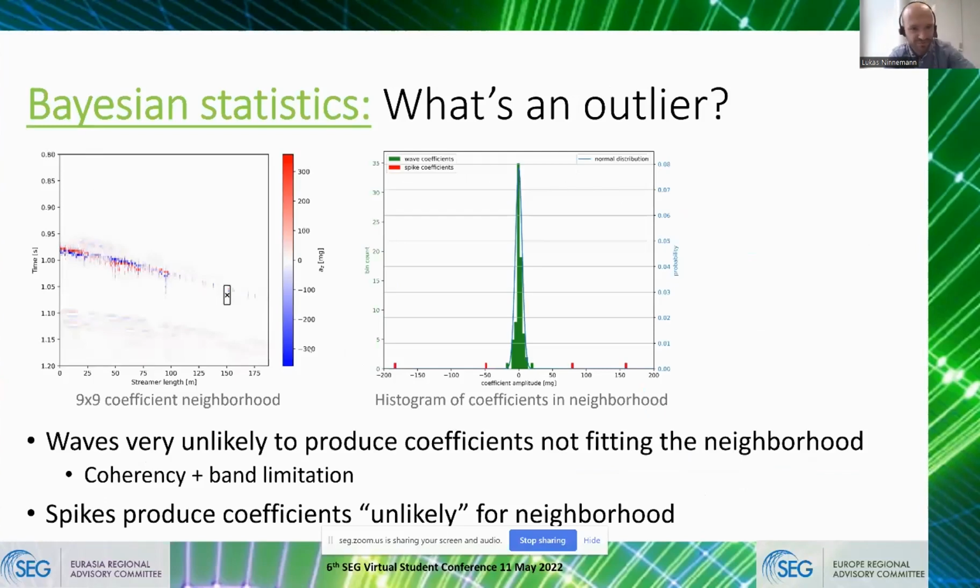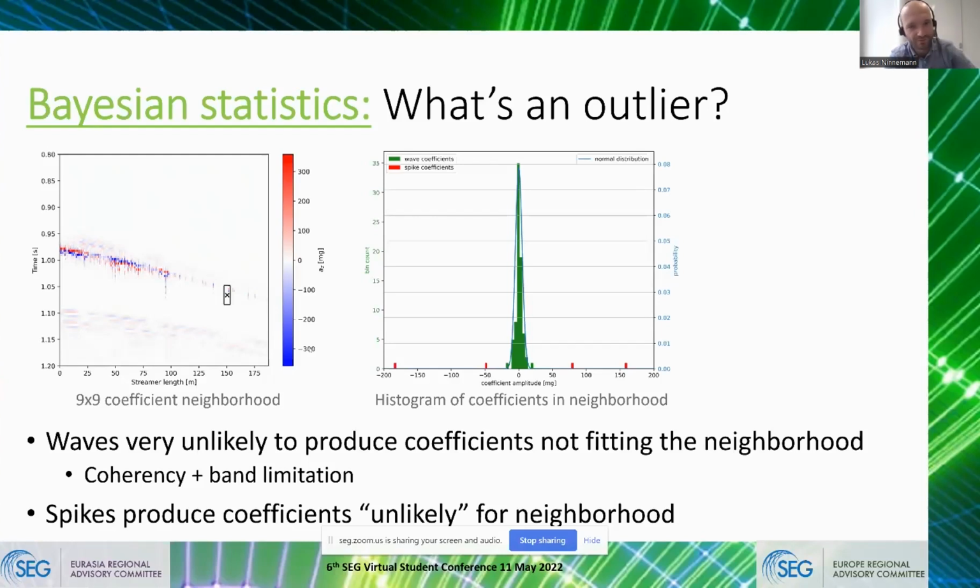And now we come to our problem, and first, what's an outlier? Good question. For that, we have to look at the coefficients here on the left and define some localization, some neighborhood, as we can see in this square there. That's my neighborhood. And I say that all the coefficients are essentially comparable in this neighborhood.